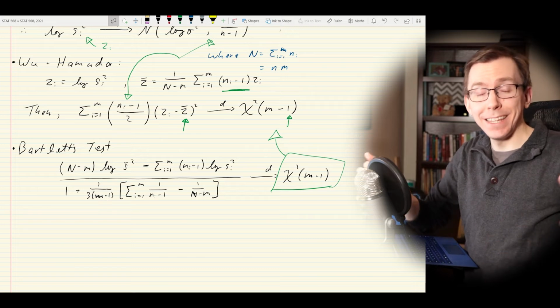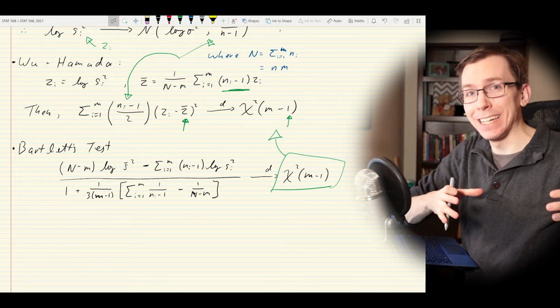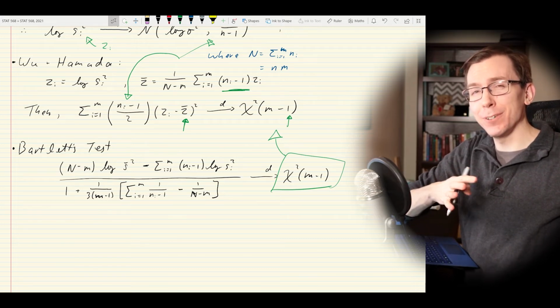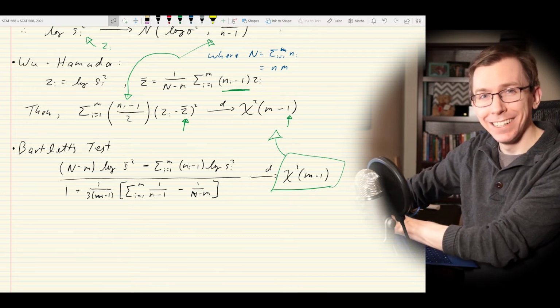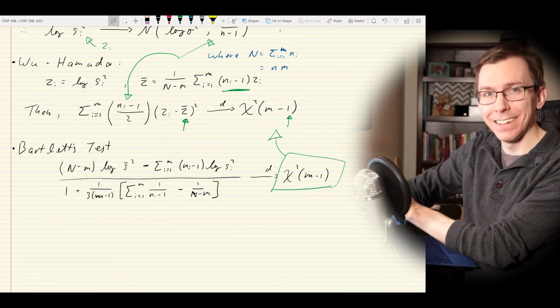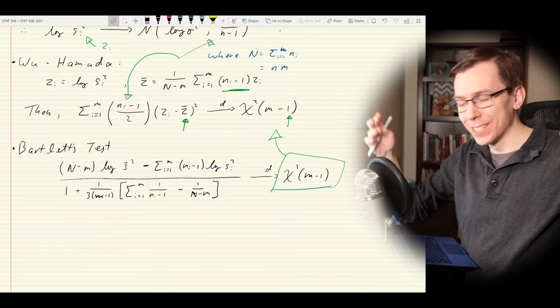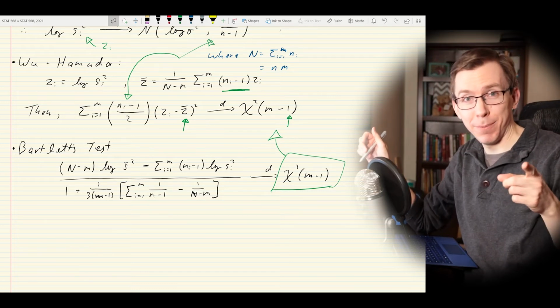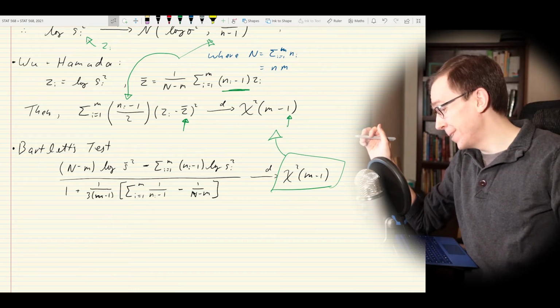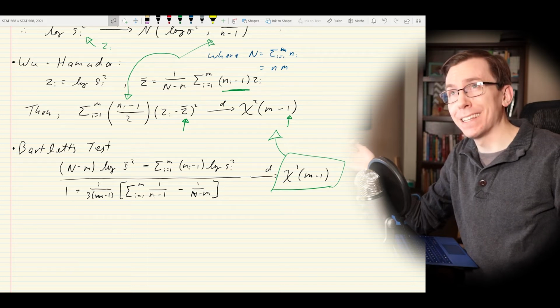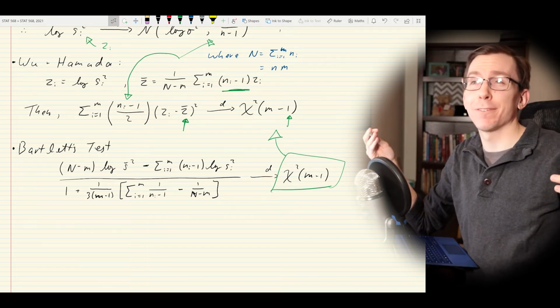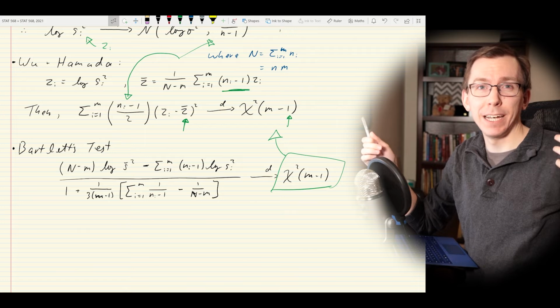But remember, they don't have a chi-square distribution. They have a chi-square distribution asymptotically. And if we're not in the asymptotic world, also known as asymptopia, we don't have a chi-square distribution. We have something that's going to be getting close to it. Therefore, we're not going to have a perfect statistical test.